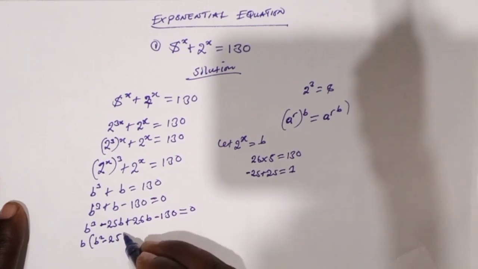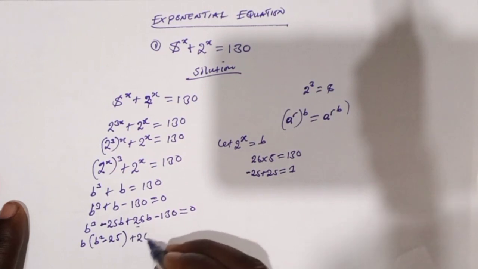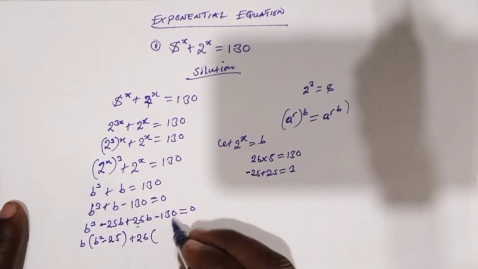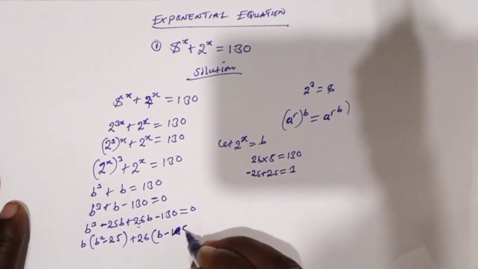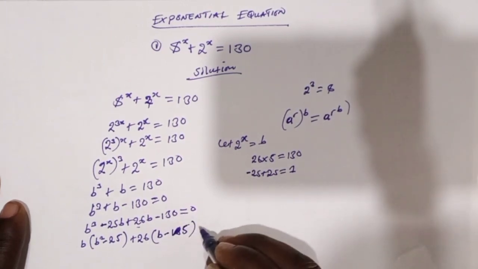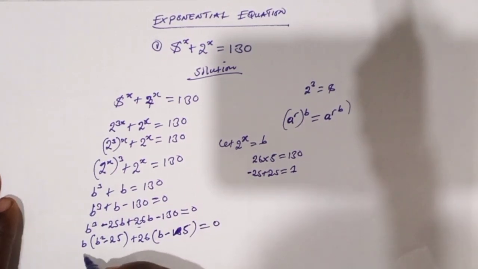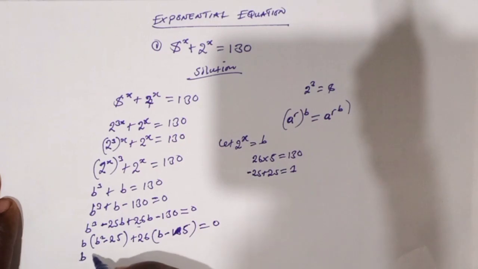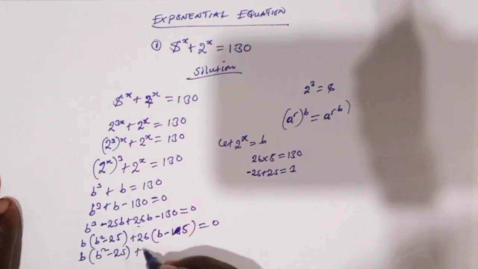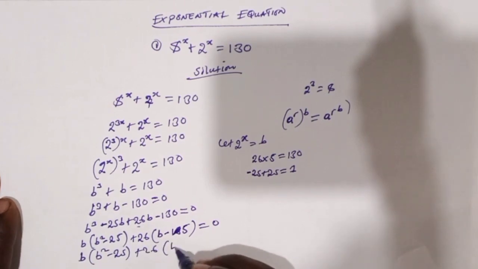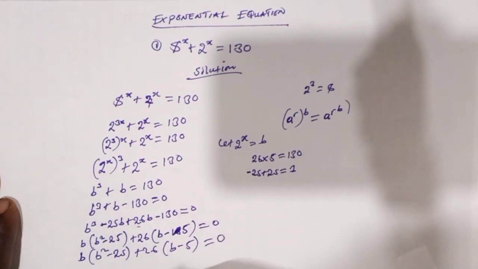Then what's common is 26, so from 26b we remain with b, and from 130 we remain with 5. So we write the equation: b(b squared minus 25) plus 26(b minus 5) equals 0.